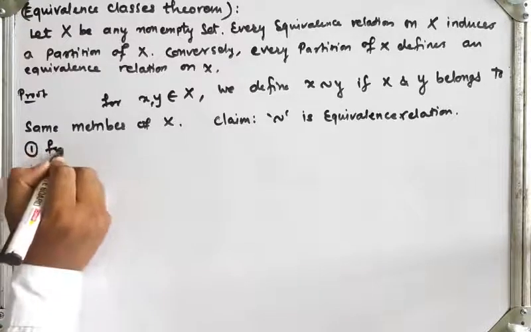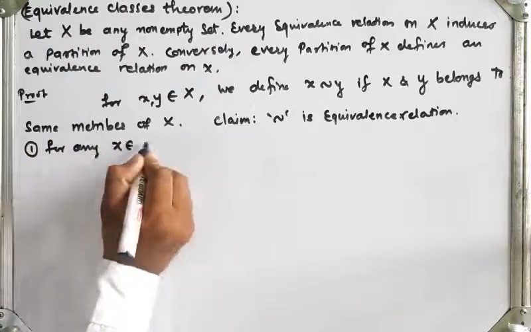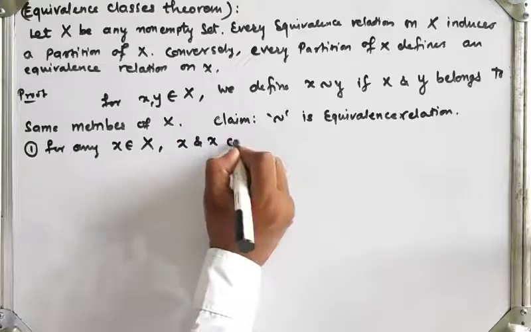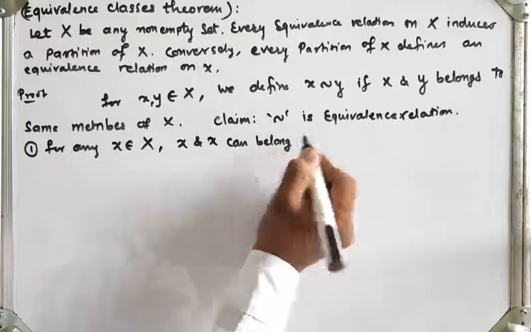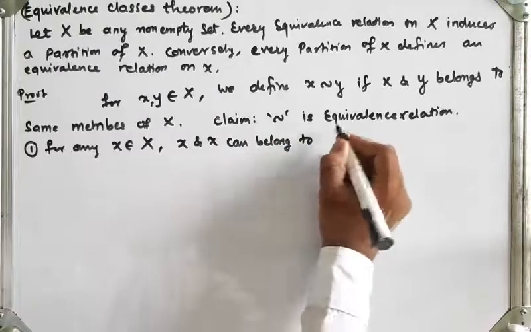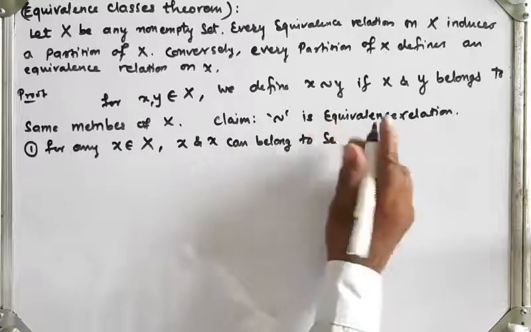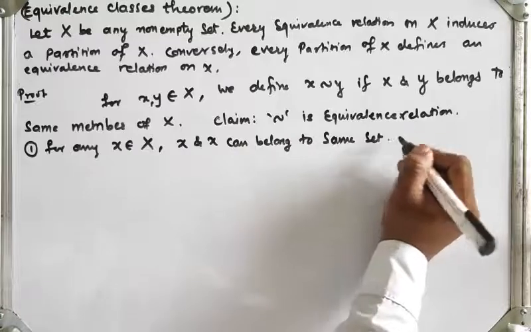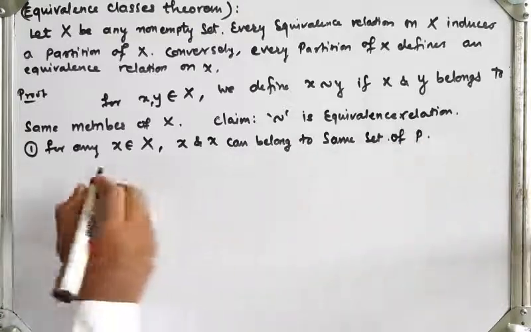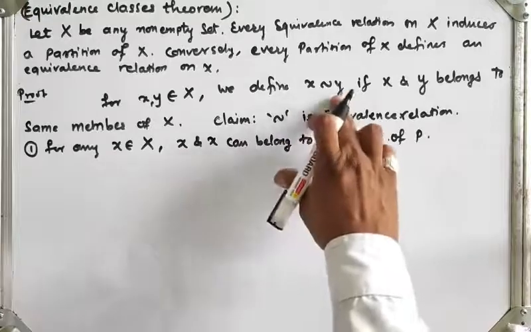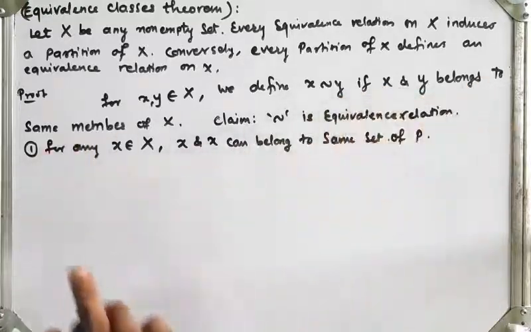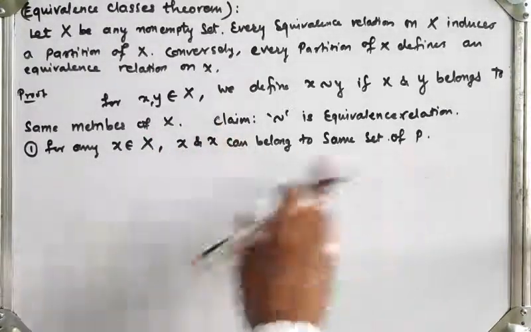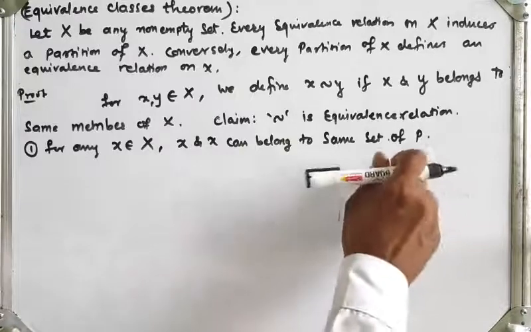So for any x belonging to set X, x belongs to the same set of P. Here we have defined x tilde y if x and y belong to the same member of P, meaning x belongs to a set of P, and x also belongs to the same set, right?